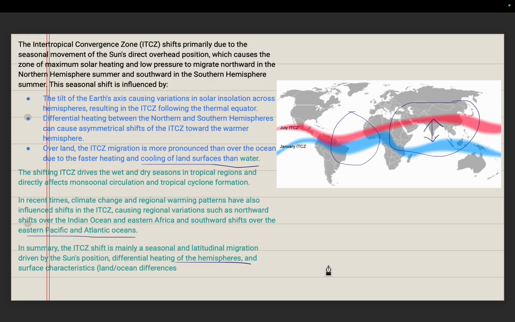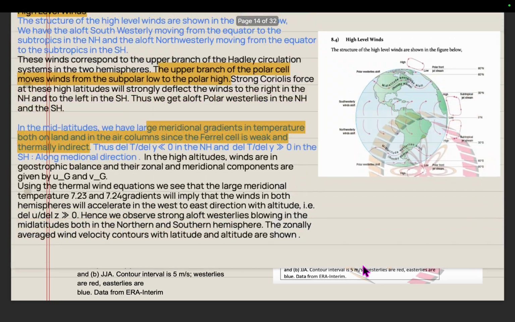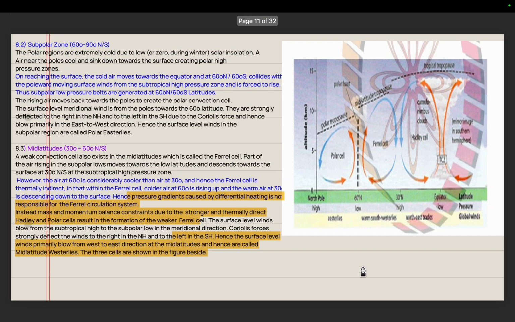Excuse me. It is said the southward shifts over the eastern Pacific and Atlantic. But where is the southern shift? This is the southern shift, this blue line, and this is the northern shift. So the mean is in between. The original line should be this, because these two low level winds should meet at zero, at the equator.